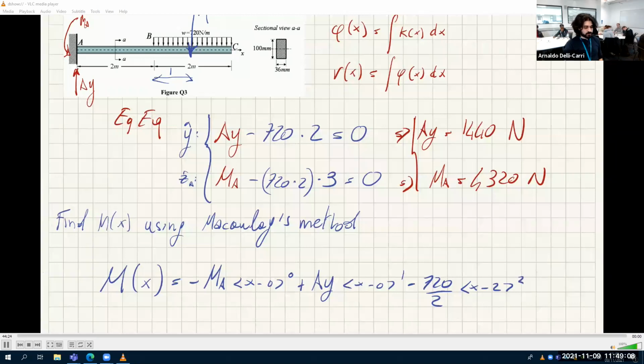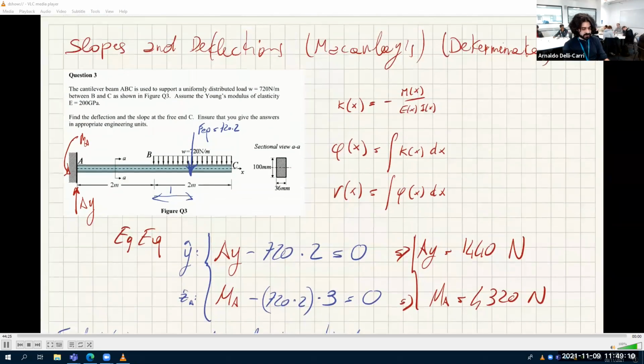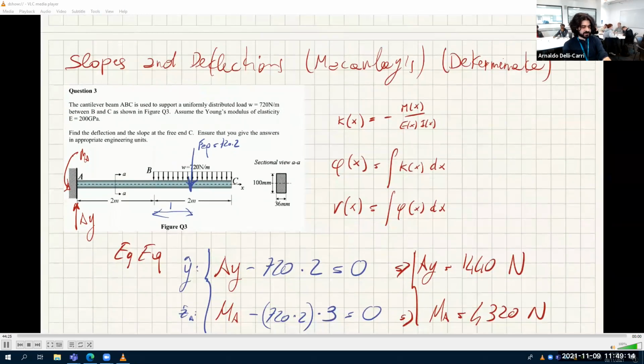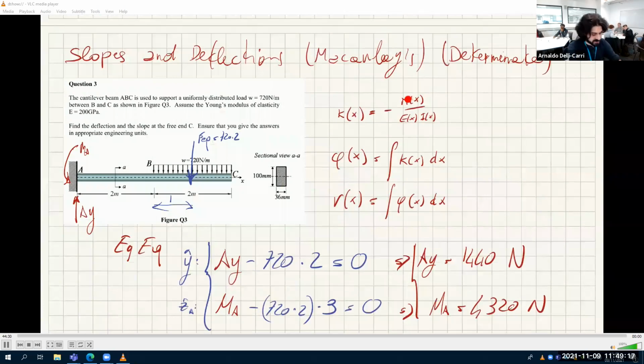I might also want to find what is I, the second moment of area of this. Remember, we have M of x, we have E, we need I. So 36 times 100 cubed divided by 12.